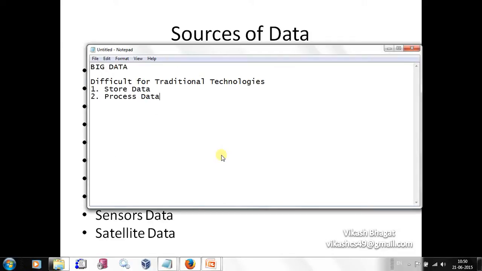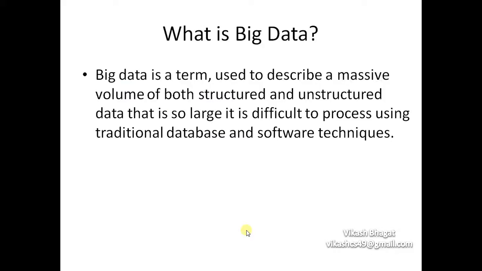Big data is a term used to describe a massive volume of data, and the size of the data is so large that it is difficult for the traditional technologies to store and to process it. So we should concentrate on the two points: the size of the data is so large that it is becoming difficult for the traditional technologies to store the data and to process the data. So this is the definition of big data.